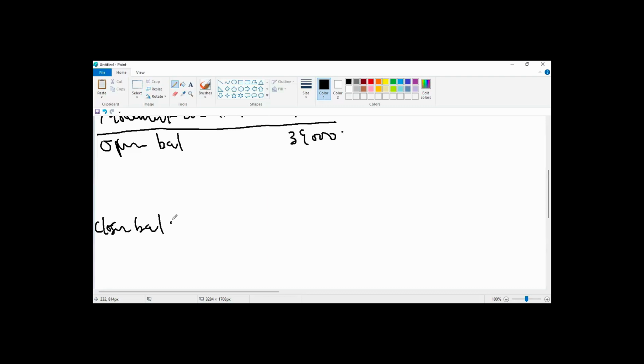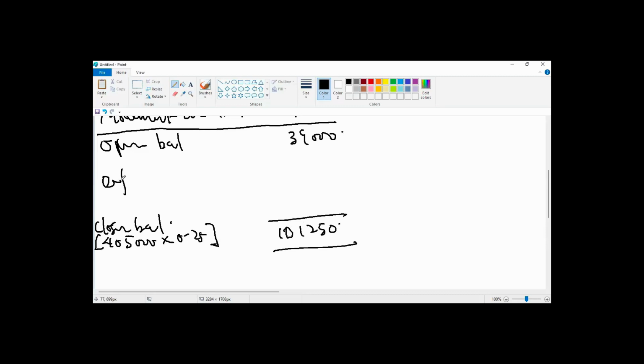The carrying amount of the net assets exceeds the tax base by 405,000, a deferred tax liability, not an asset. 405,000 times the rate of income tax, 25%, gives the closing balance: 405 times 0.25 is 101,250.